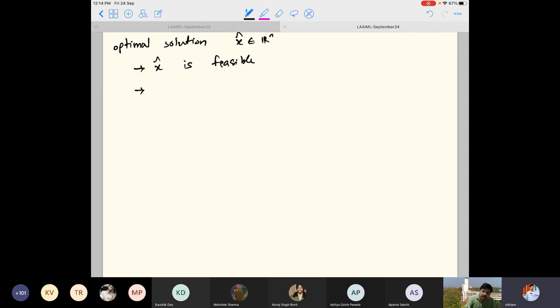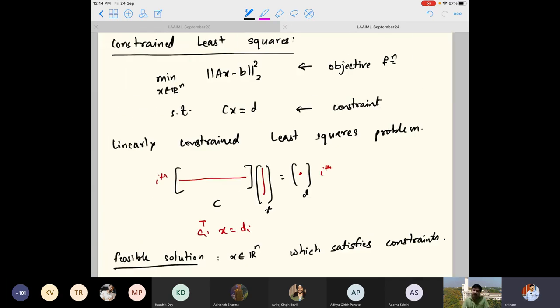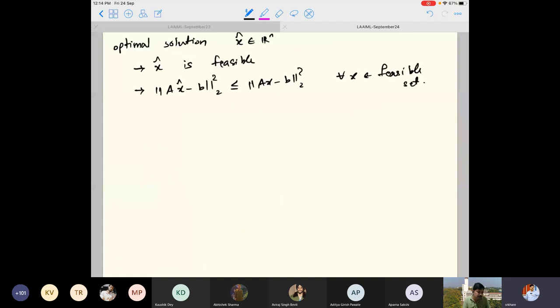And the second thing is that norm of Ax hat minus b is less than or equal to norm of Ax minus b whole square for every x in the feasible set. What is the feasible set? The feasible set is the set of all vectors which are feasible, right? That's what we want. Such a solution X hat will be called the optimal solution. And what we want to do is find the optimal solution, right?